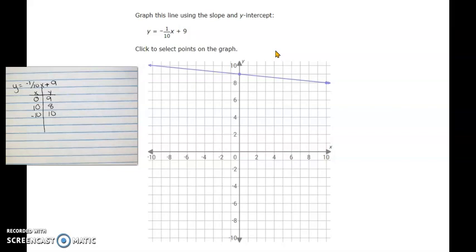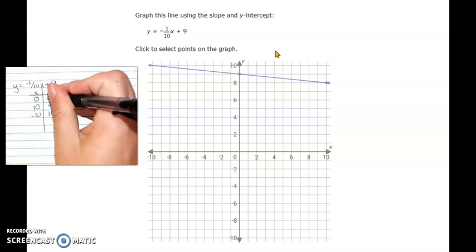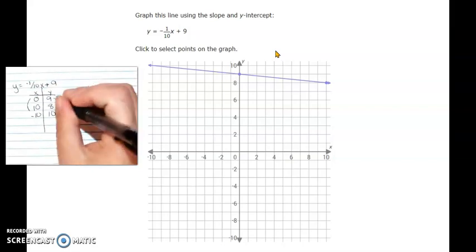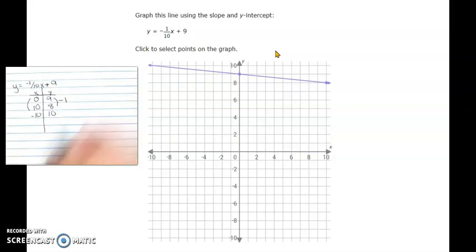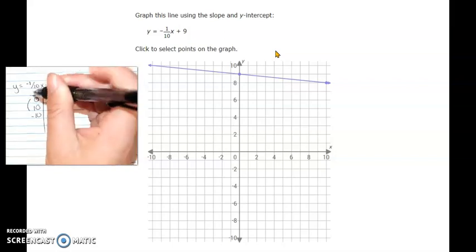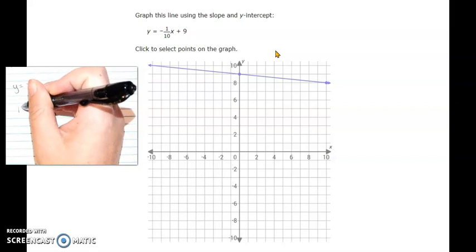0, 10, negative 10, 9, 8, 10. Okay, so let's start calculating. The difference between 9 and 8 is minus 1, and the difference between 0 and 10 is plus 10.